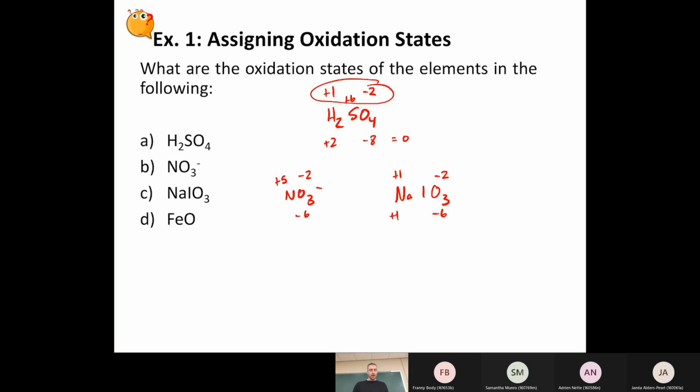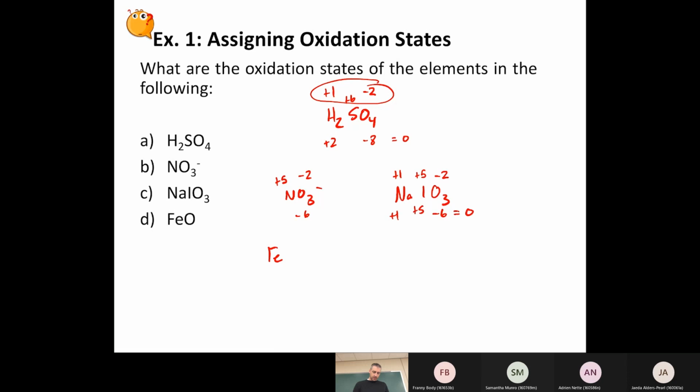So the iodine here has to be equal to +5. So that all of these added together is 0, which is the charge on the molecule. So usually you can figure out 1 or 2 of the atoms based on the rules, and then you can figure out the one that's not on the list based on the fact that they have to add up to the charge.